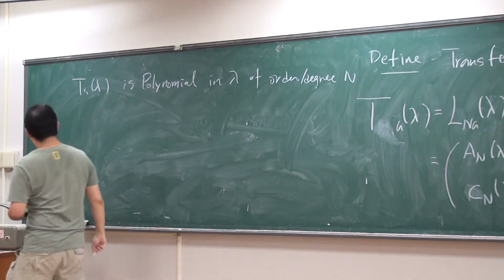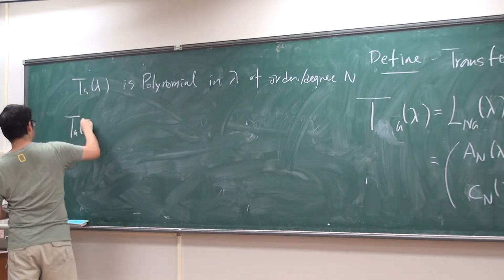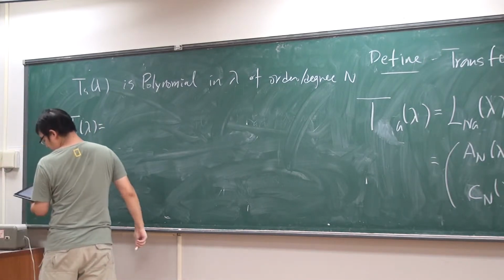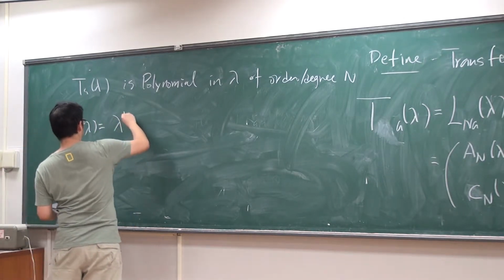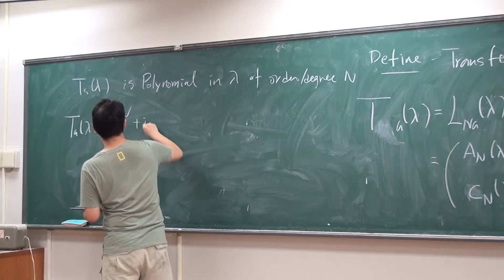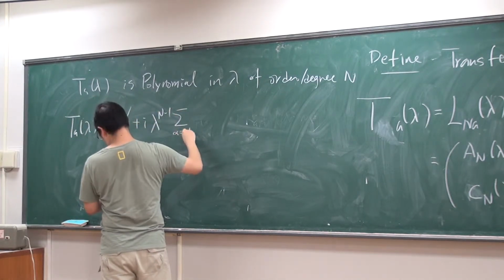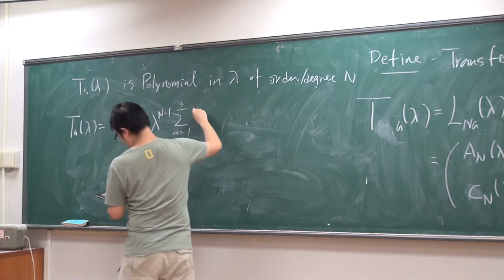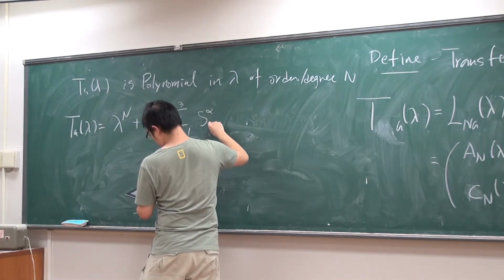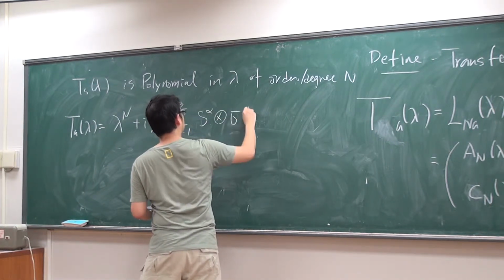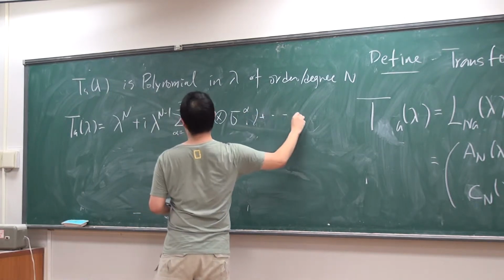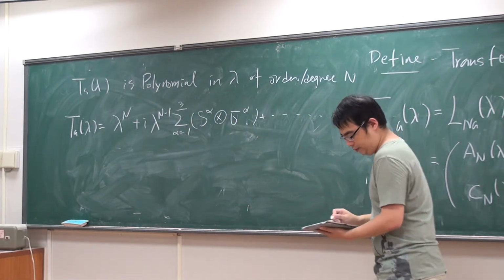If you expand it out in lambda, you see something looking like lambda to the n plus i lambda^(n-1) times the sum of sigma^alpha, and all the lower order terms.